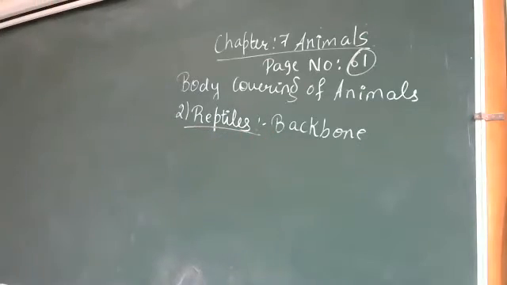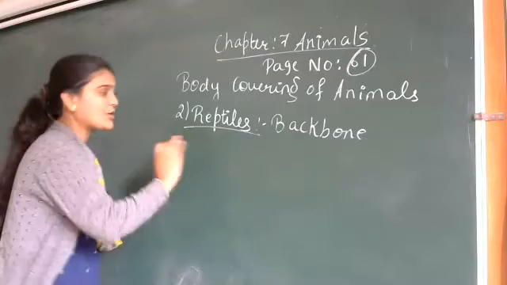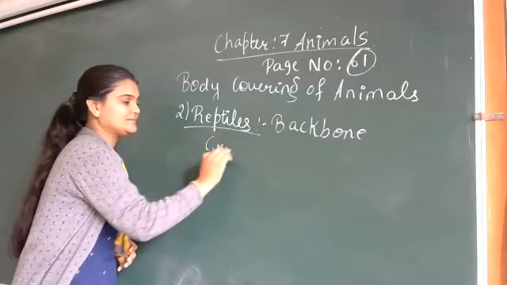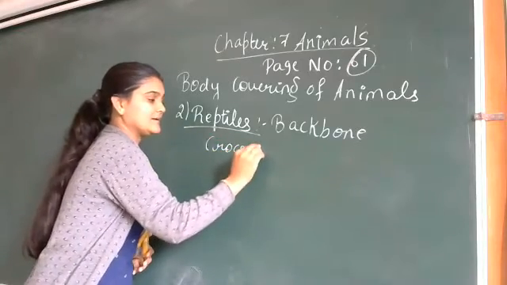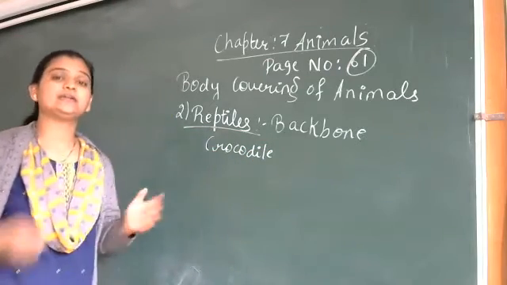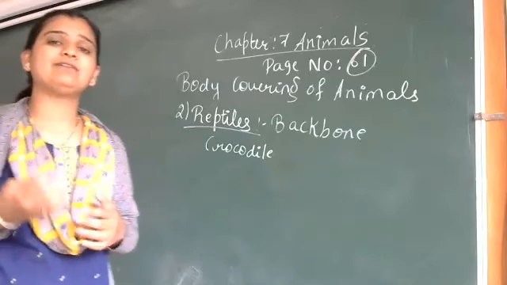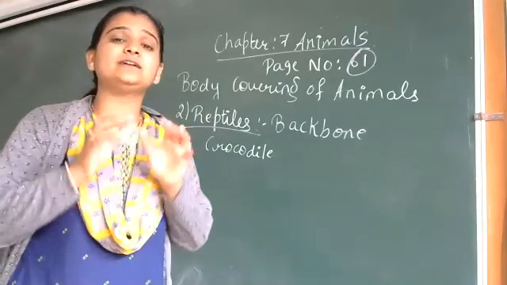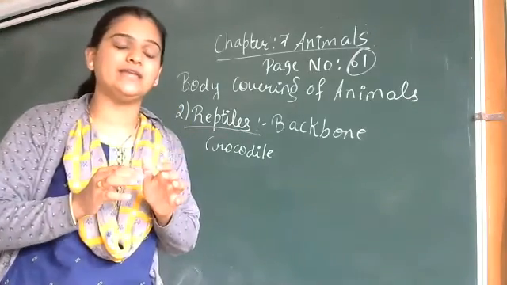So what about reptiles? Reptiles such as crocodiles have their bodies covered with what? How is the body of the crocodile? Yes, crocodiles and tortoises all have a very hard and tough covering on their body.